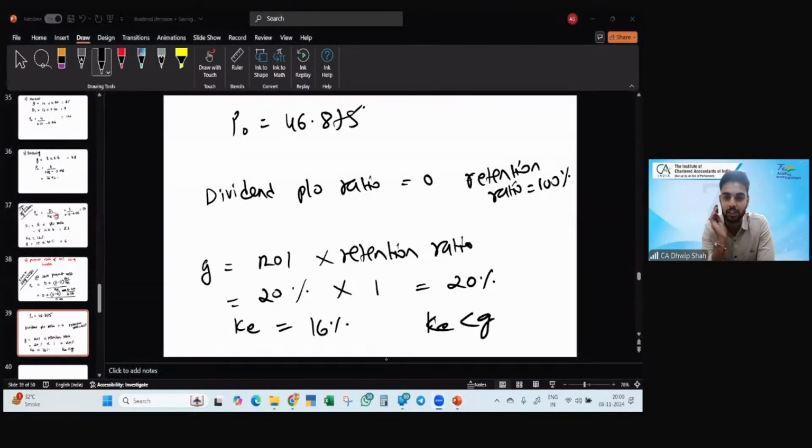Hope you remember the assumption of Gordon: KE has to be greater than G. Only then can we solve. Hey, are you following? The assumption of Gordon is that KE has to be greater than G. But when dividend payout is 0%, KE is less than G. So we cannot solve at 0%.